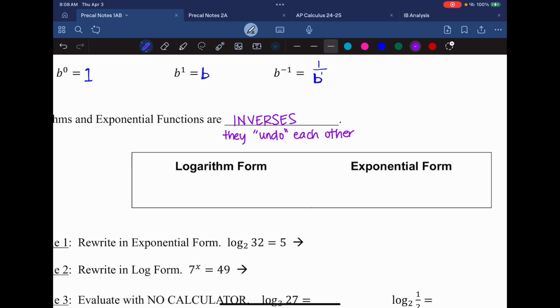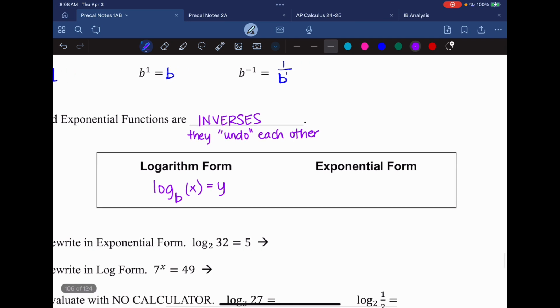So your log form: log base b of x is equal to y. And our exponential form that corresponds would be b to the y is equal to x.